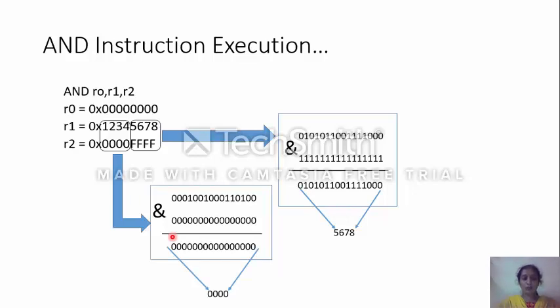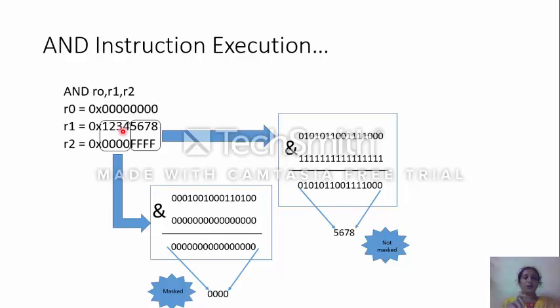So what can you conclude from this instruction? You can conclude that the upper 16 bits are masked, and the lower 16 bits are not masked. So you can use the AND instruction for a masking operation. If I want to mask a particular part of my number, I can use the AND instruction.